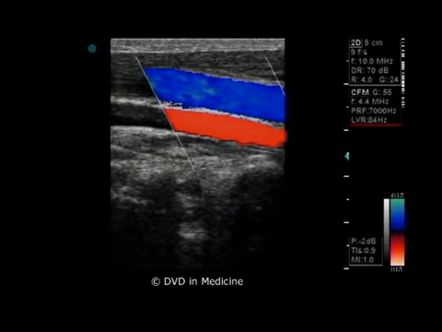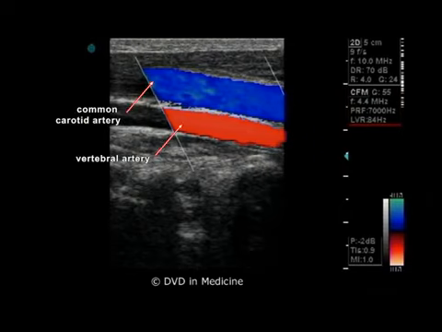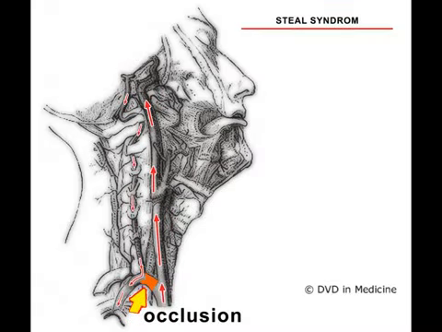If one reveals different colors in the carotid and vertebral arteries, then it could suggest reversed flow in the vertebral artery. This can also be the result of occlusion or tight stenosis of the proximal subclavian artery, so-called subclavian steal syndrome.